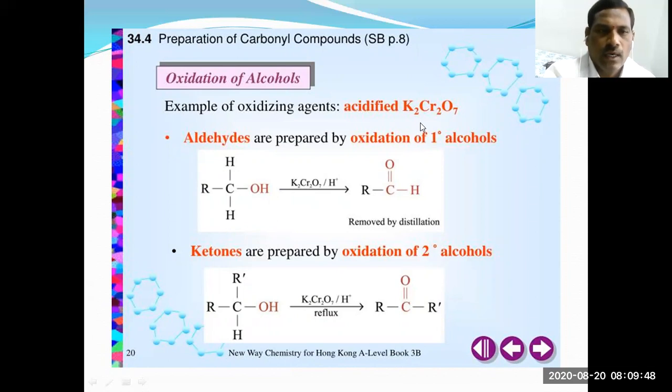You can use the oxidizing agent acidified potassium dichromate. Using acidified potassium dichromate, primary alcohols give aldehydes and secondary alcohols give ketones.